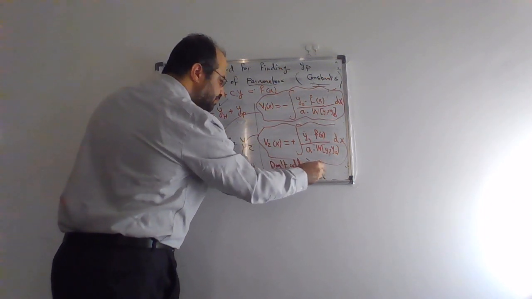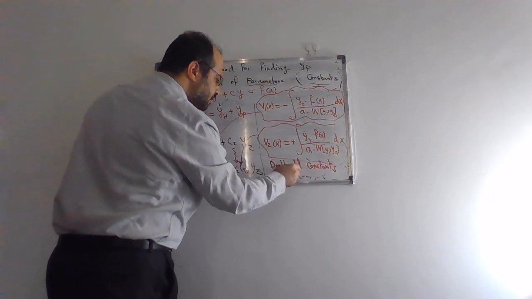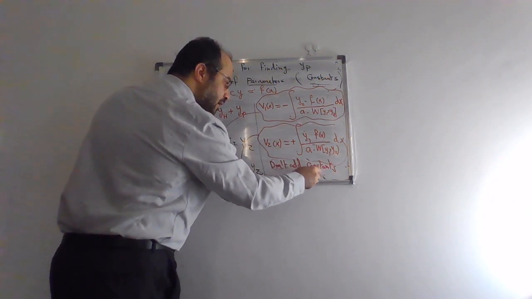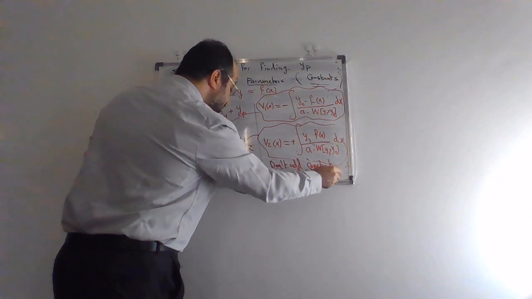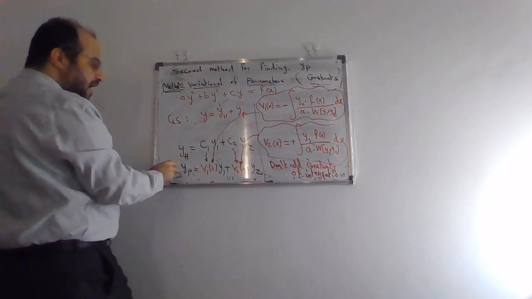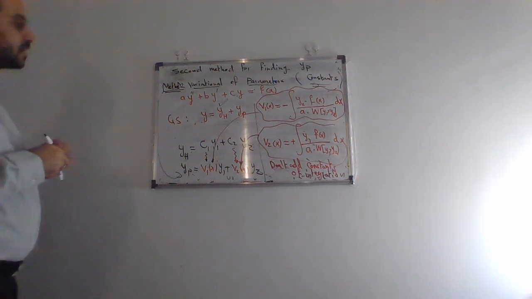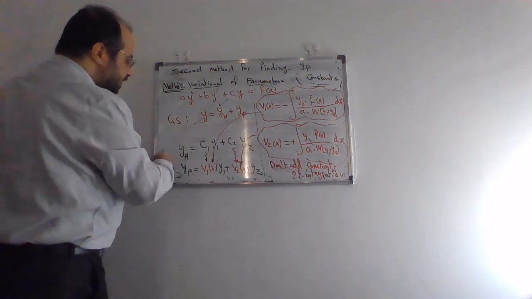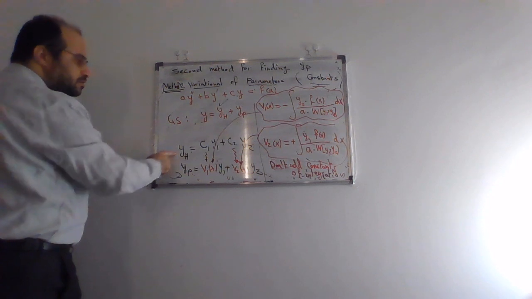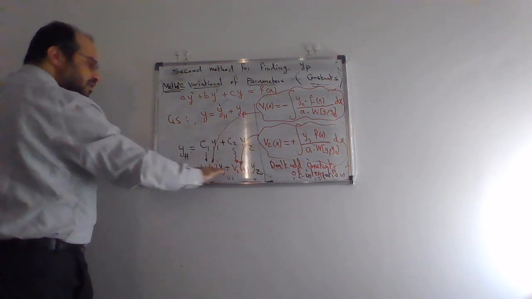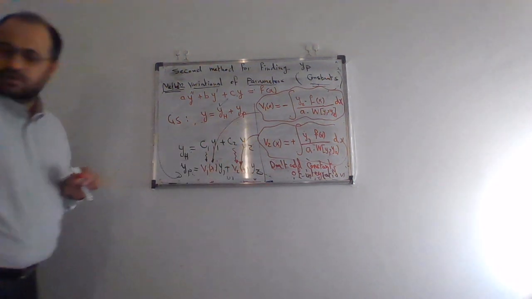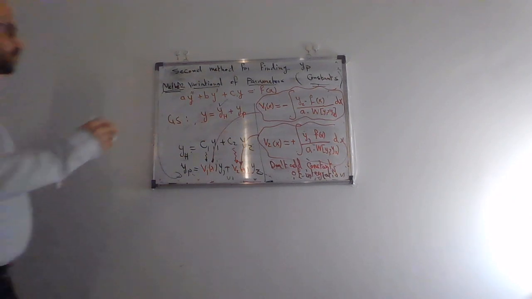Why? It is simply because y particular should have no constant of integration, and y homogeneous should contain the constants. The special thing about this part is that it has the constants of integration, and the special thing about y particular is that it has none.